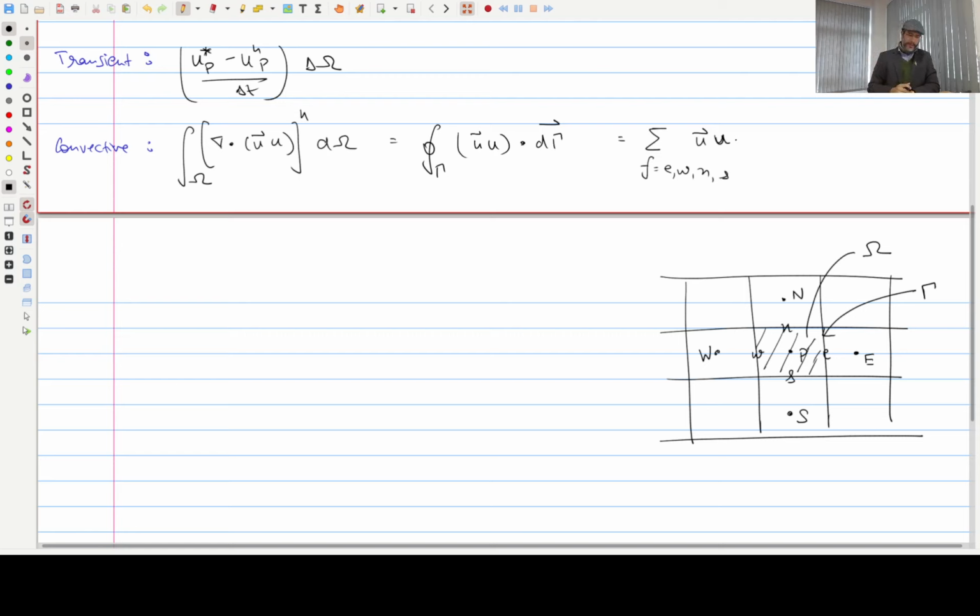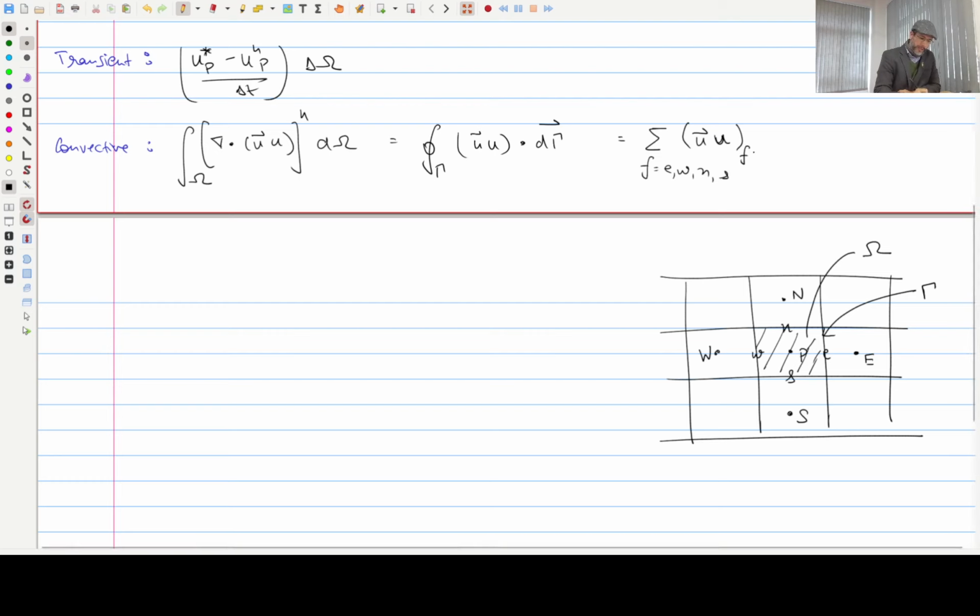Since we are now summing over the four discrete faces, this is the u vector times u quantity over f dotted with the area over the face f.